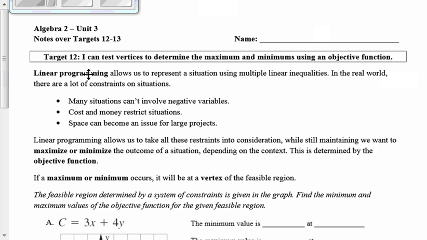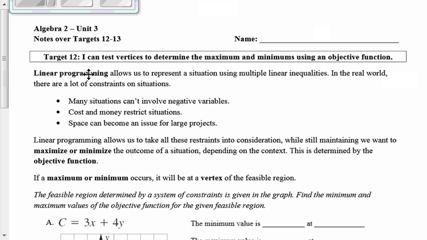So first of all, linear programming allows us to represent a situation using multiple linear inequalities, so a system of them. And in the real world, there's lots of constraints on situations. So when you think about an inequality, a lot of times we're talking about situations that can't involve negative values. So if we put meanings behind our linear inequalities, then we could say things like if you're solving for the amount of nickels and dimes, you can't have a negative amount of nickels or a negative amount of dimes.